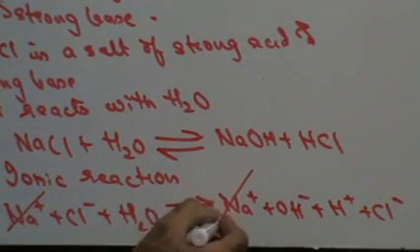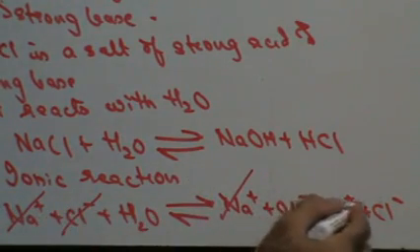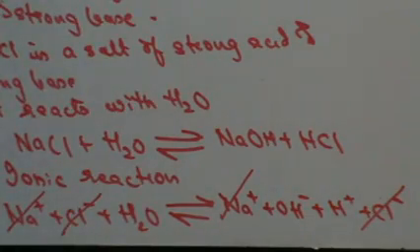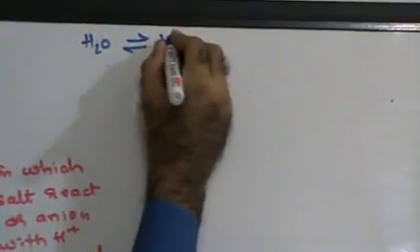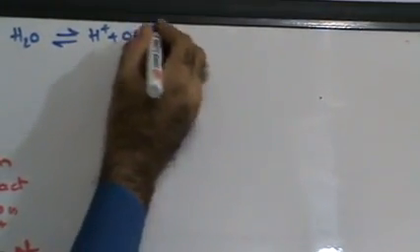Na+ gets cancelled, Cl- gets cancelled. That leaves me with H2O, which reversibly gives you H+ and OH-.